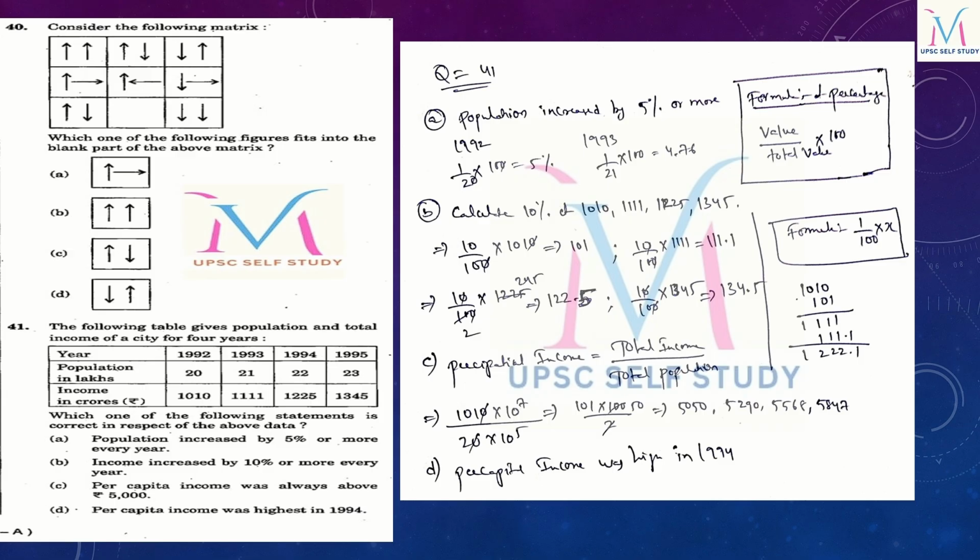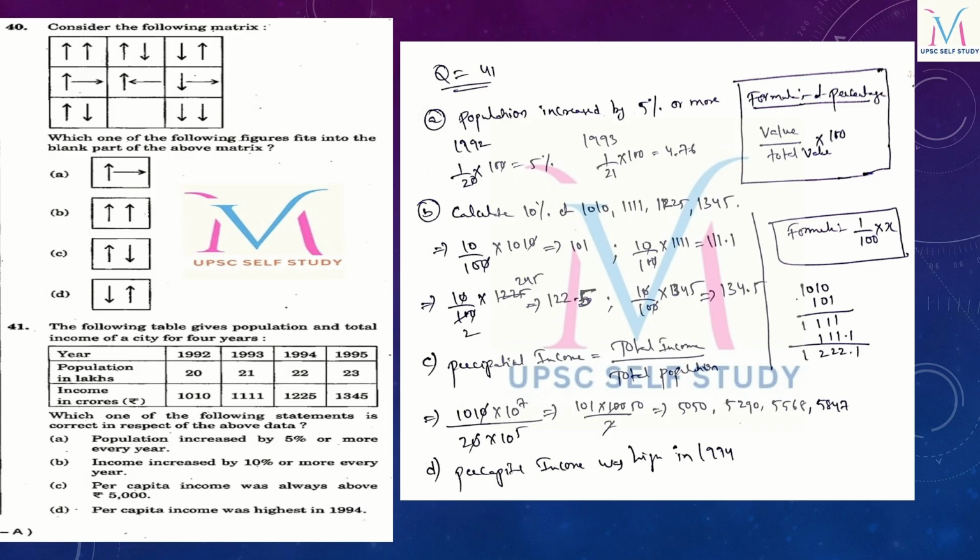1992? Total income is 1010 crores and population is 20 lakhs. So according to the formula, total income by total population: 1010 into 10 power 7 divided by 20 into 10 power 5. Why do we use all this 10 power 5 and 10 power 7?